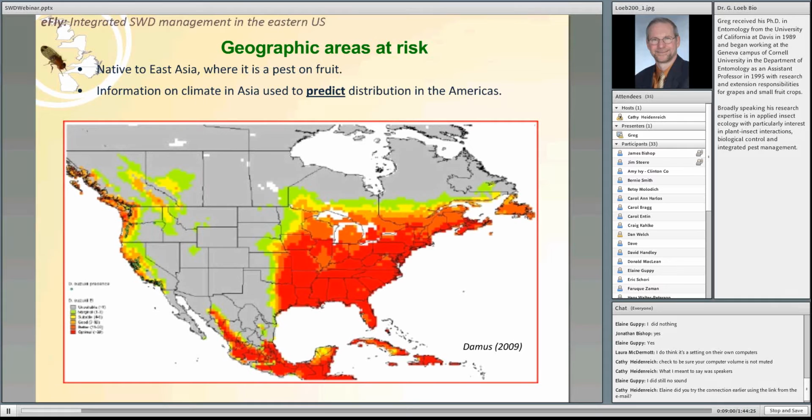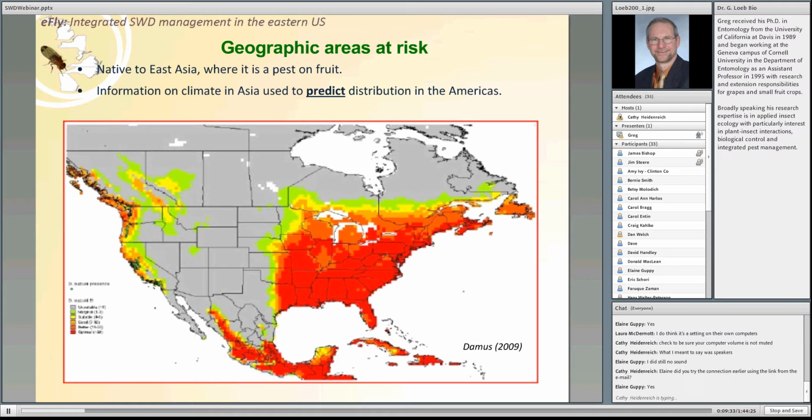And at that time, researchers asked, okay, what is the potential distribution of this pest based on where it's currently found in its indigenous area, based on its climate, temperature requirements, things like that. And they came up with this projection that highlighted the west coast of North America, up into Canada, and a big area of the eastern United States seemed to be suitable for this invasive species to become established.